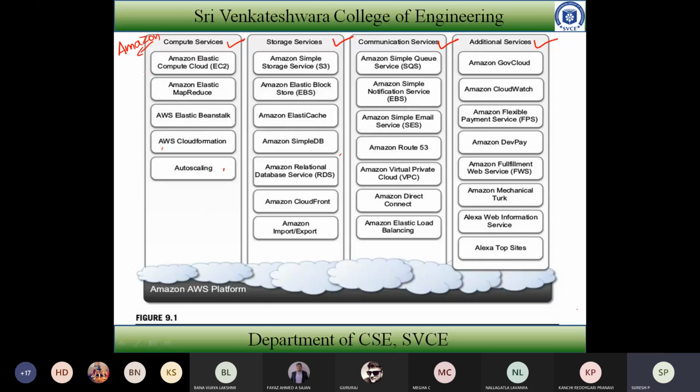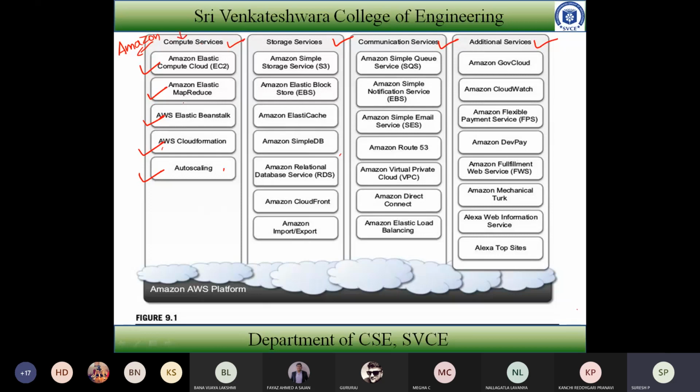Then Amazon Elastic MapReduce is another service, and Amazon Elastic Beanstalk is another. Amazon Web Services CloudFormation is also provided, and next is auto scaling. These are some of the services provided under compute services.